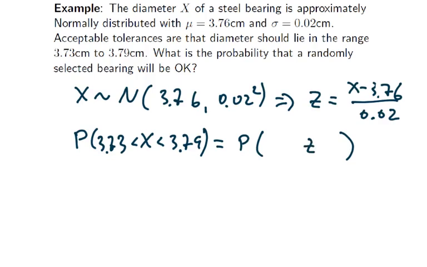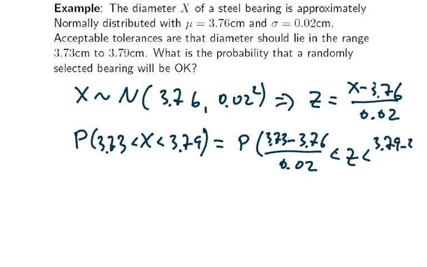It should be between 3.73 minus 3.76 divided by 0.02, less than z, less than 3.79 minus 3.76 divided by 0.02.